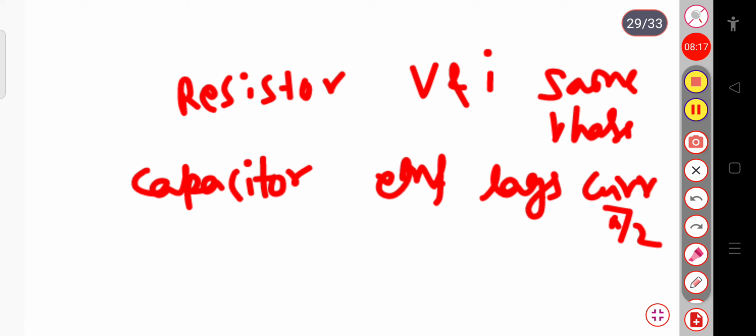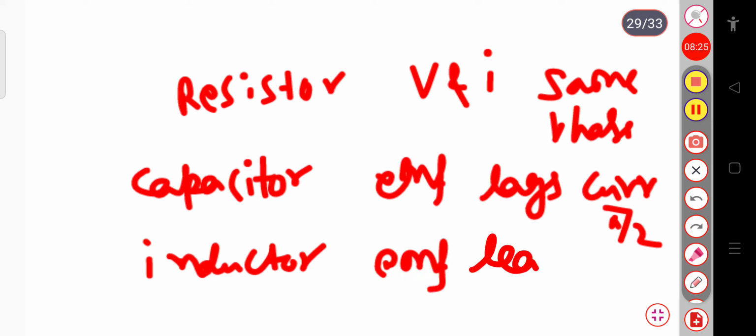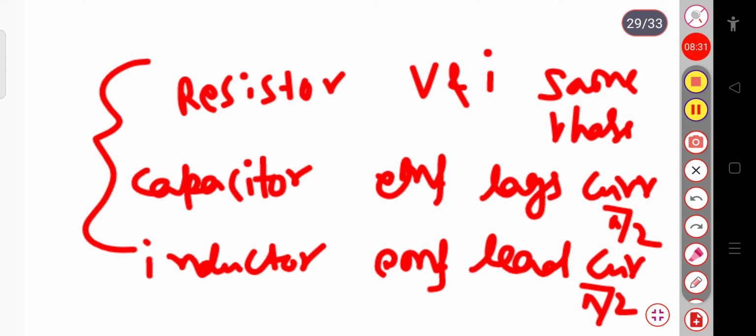And in case of the inductor, the EMF leads the current by pi by 2. So this is the basic difference: when the alternating current circuit contains only a resistor, voltage and current are in the same phase.